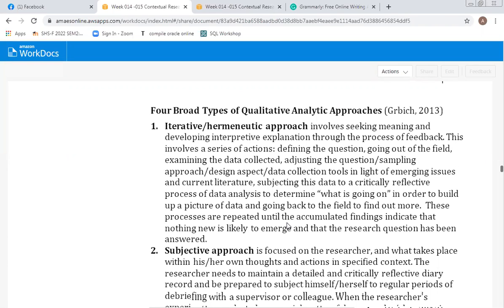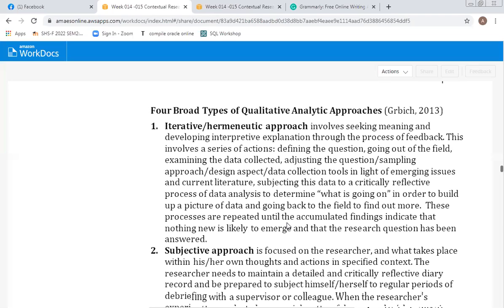Subjecting this data to a critically reflective process of data analysis to determine what's going on in order to build up a picture of data and going back to the field to find out more. These processes are repeated until the accumulated findings indicate that nothing new is likely to emerge and that the research question has been answered. Okay?